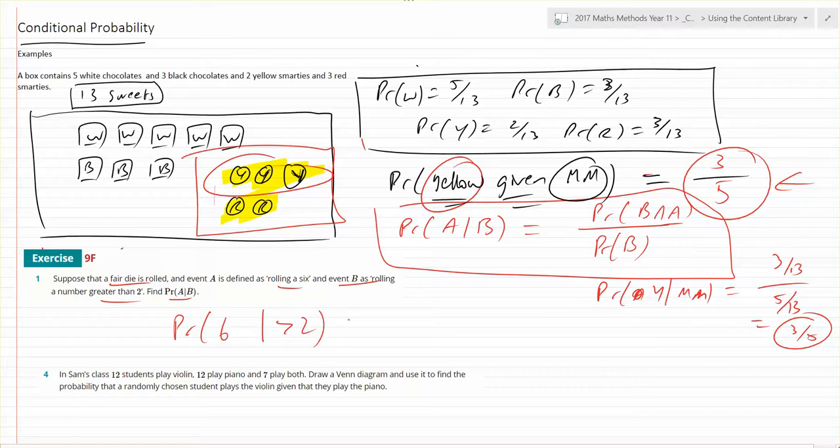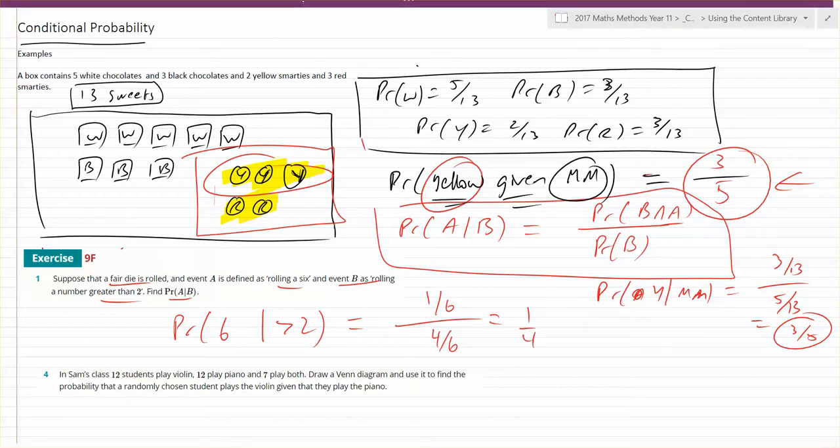You can apply the formula directly: probability of A intersection B divided by probability of B. The probability of B is a number greater than 2, so 3, 4, 5, 6, which is 4 out of 6. And the probability of getting a 6 is 1 out of 6. If I simplify that, it's just 1 out of 4.